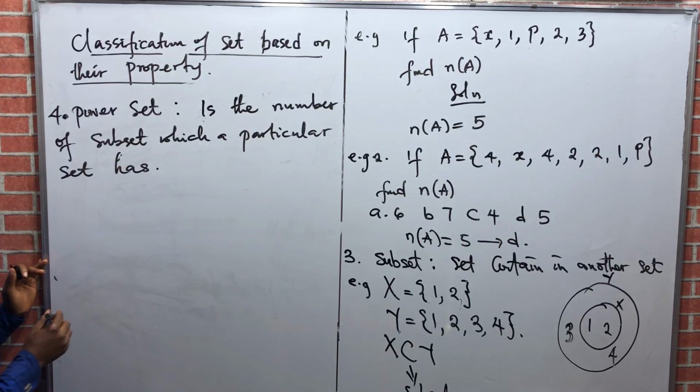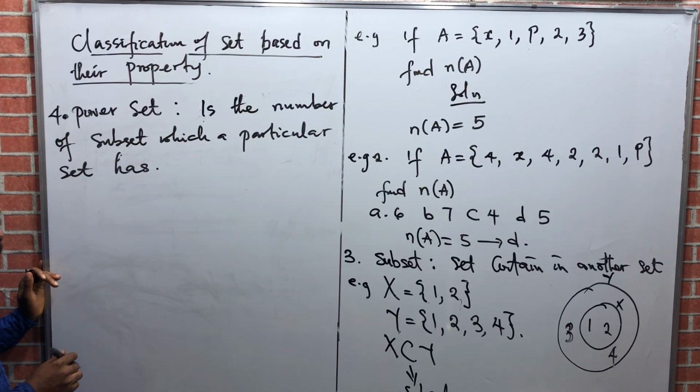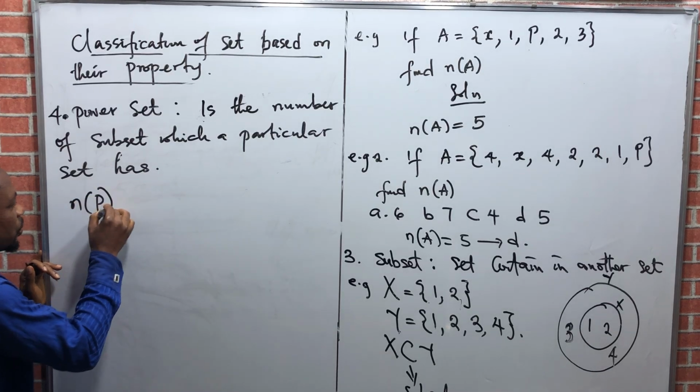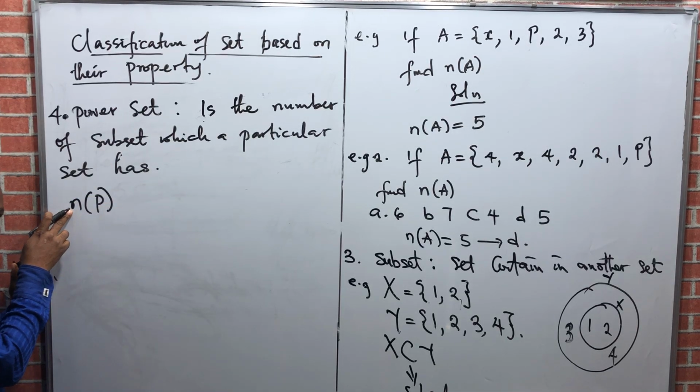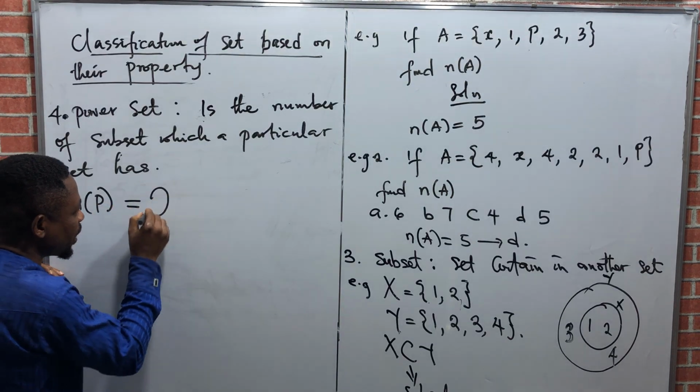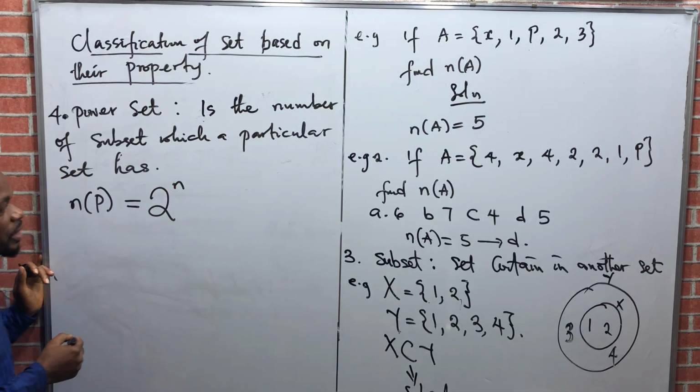Now, the question is, what exactly is the symbol to represent a power set? And what exactly is the formula that is given to power set? Now, anytime you encounter this, watch. What does it imply? The cardinality of the power set. And the formula is always given as 2 raised to power n. 2 raised to power what?